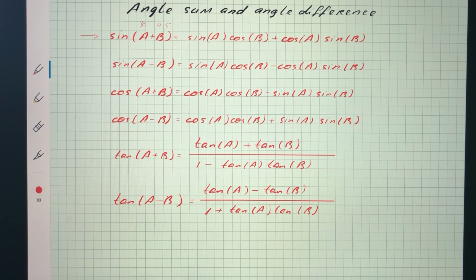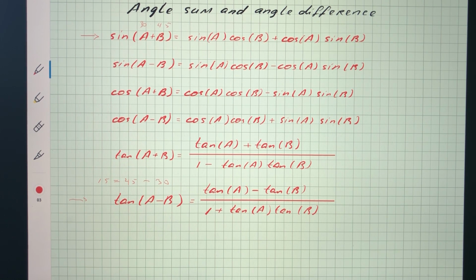We can also compute, for example, the tangent of 15, because we can write 15 degrees as 45 minus 30, and we know how to compute each one of those. So these are some of the situations where we can use these formulas. We can also use them to prove identities, because sometimes these expressions show up in different trigonometric identities, and we need to be able to recognize them to make use of them.